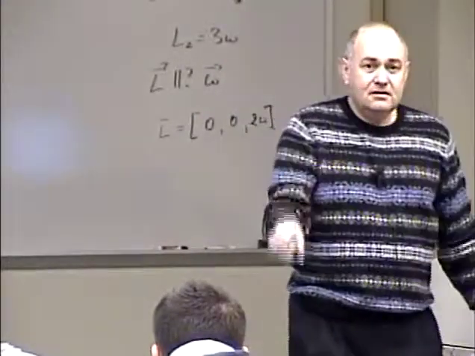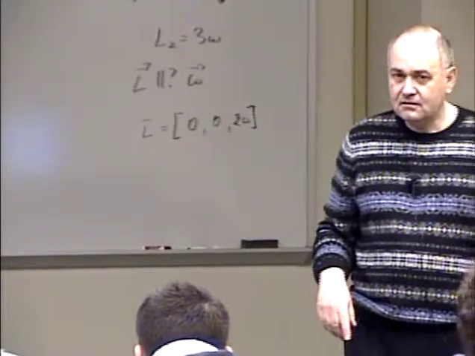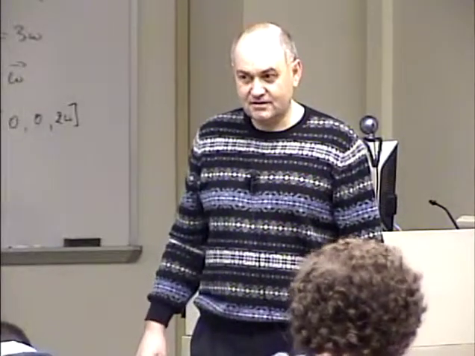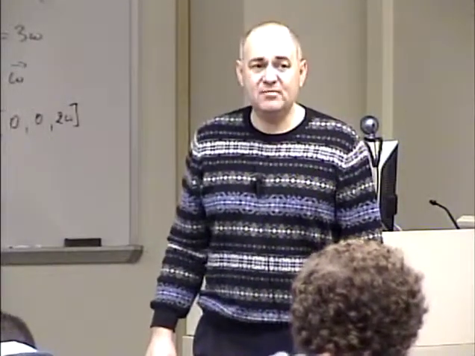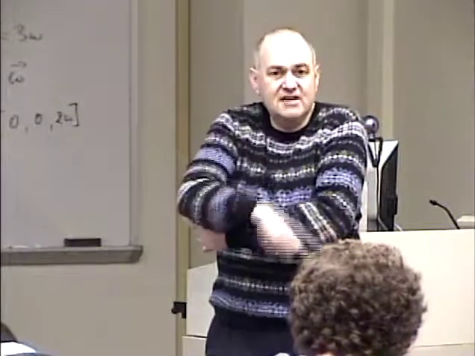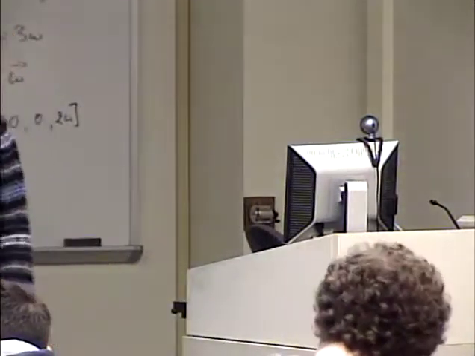All right? Now, what does it mean? If angular momentum is moving along a cone, it is not constant, which means that we have to apply something to make it vary like that. What do we have to do? Apply the torque all the time.